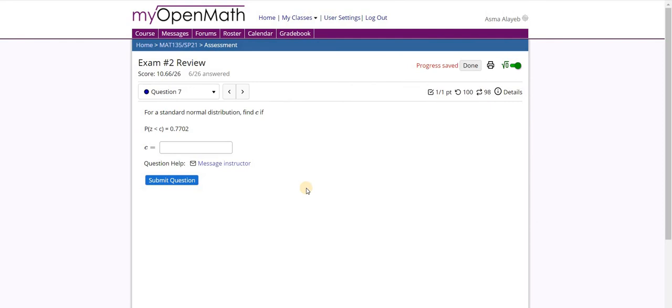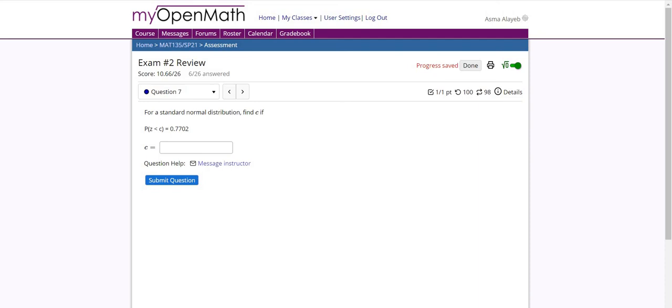Question 7, for a standard normal distribution, so this is the first piece of information I have, find C. And the second piece of information gives me the probability that Z is less than C is equal to 0.7702. So for this type of question, first I would like to create a graph and visualize my information and list all of the facts that I know.